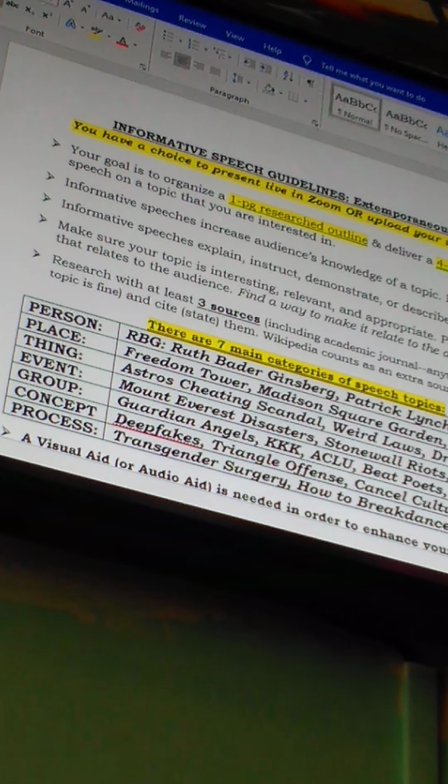So, as we go along in this part on manuscript delivery, as we go over parts of the packet, your goal is to organize a one-page researched outline. You're going to see some parts are in full sentences and some parts are in fragments. The reason why it's one page is so you can deliver it from a small amount of notes.